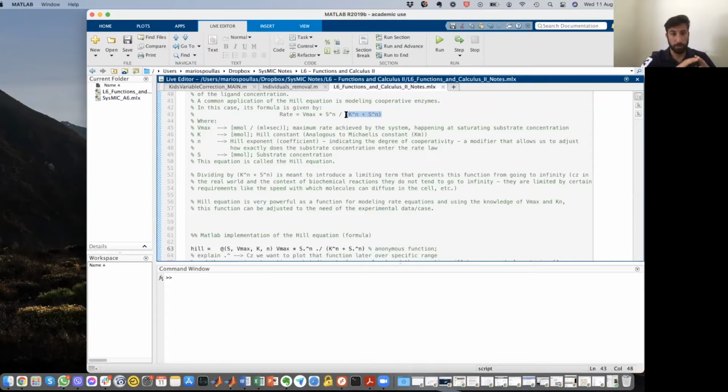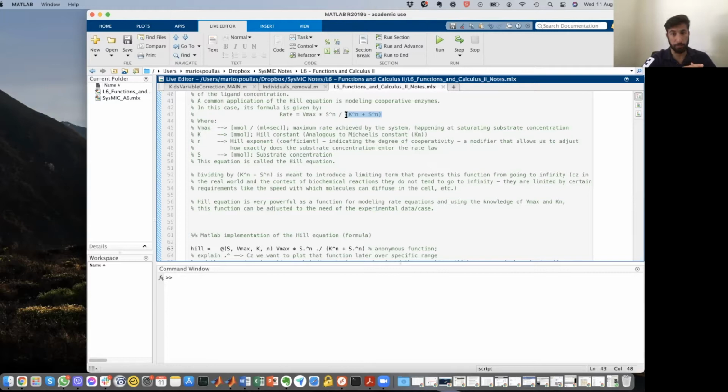Yeah, in terms of this part of the equation, we use it to introduce a limiting term that will prevent the function from going to infinity. Mathematically, it's fine to have something going to infinity, but in the real world, in biochemical reactions, they don't go to infinity.